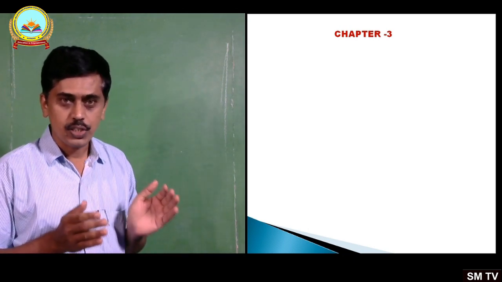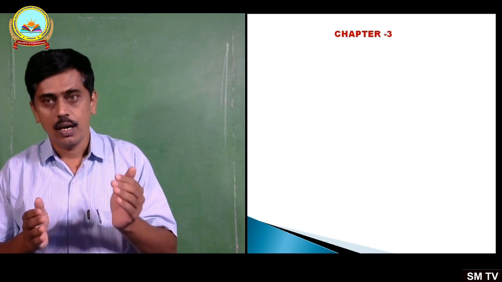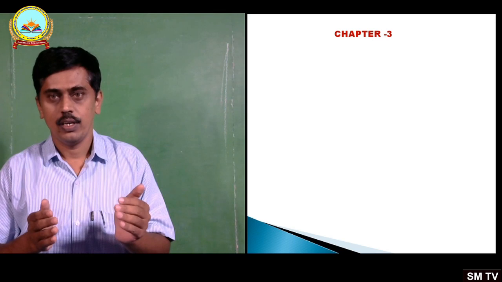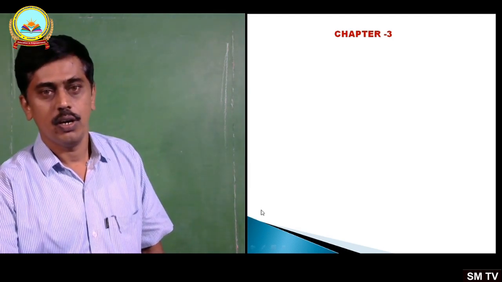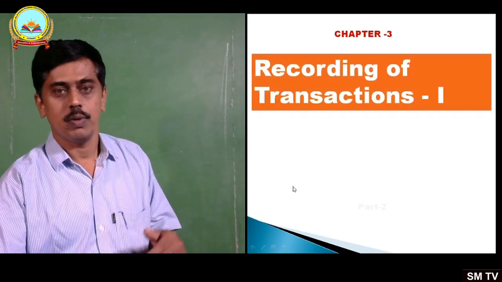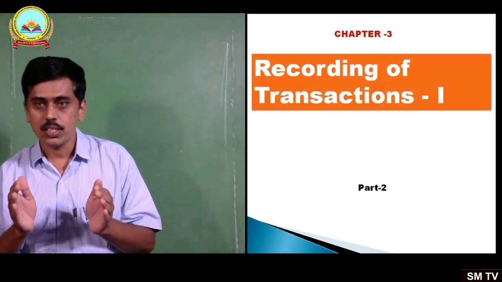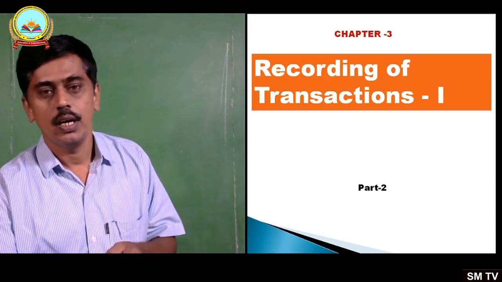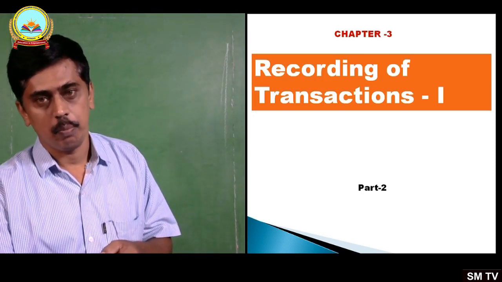In my last video, we discussed the accounting equation, which says that assets equals liabilities plus capital, or in other words, the assets of the business are always equal to liabilities and capital.